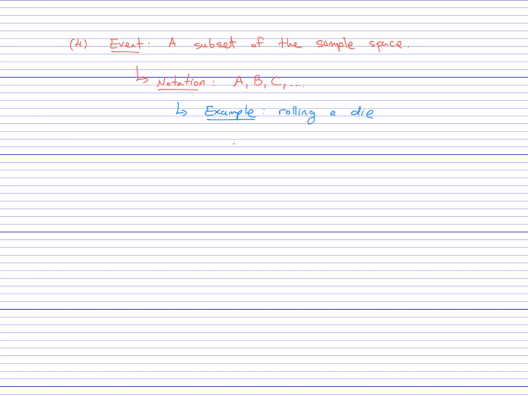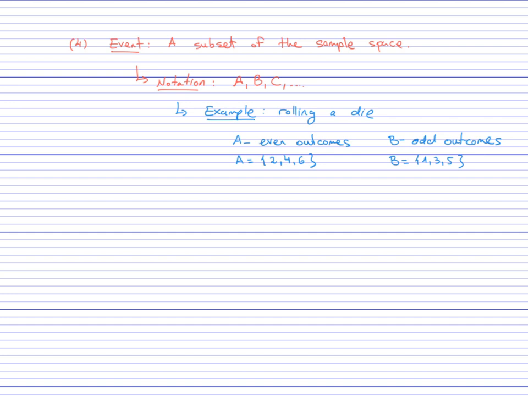Suppose that A represents the even outcomes. What are the different elements in A? In A we have 2, 4, and 6. Those are the only even outcomes in the sample space that represents the experiment rolling a die. Suppose that we denote B as the odd outcomes. What is B? 1, 3, 5.